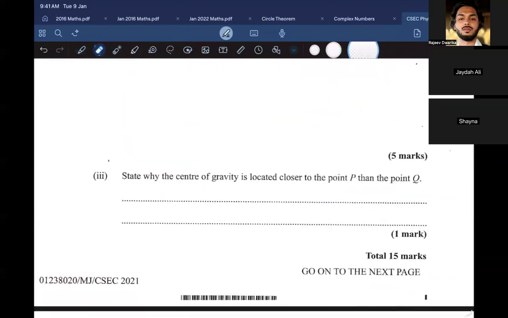State why the center of gravity is located closer to point P than point Q. Do you think you have a reason for this, Jada? I think there is, yes.